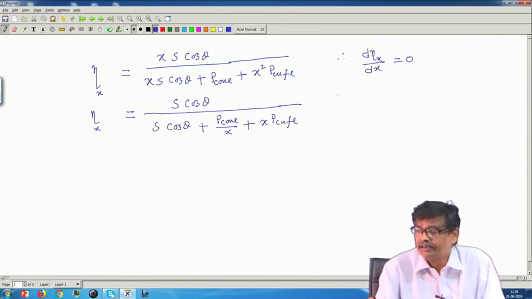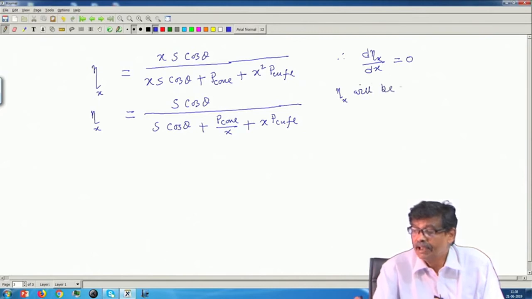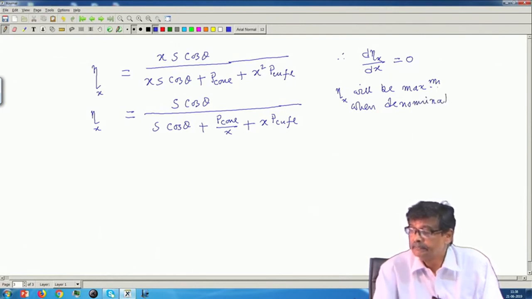Then I will say eta x will be maximum when denominator is minimum.